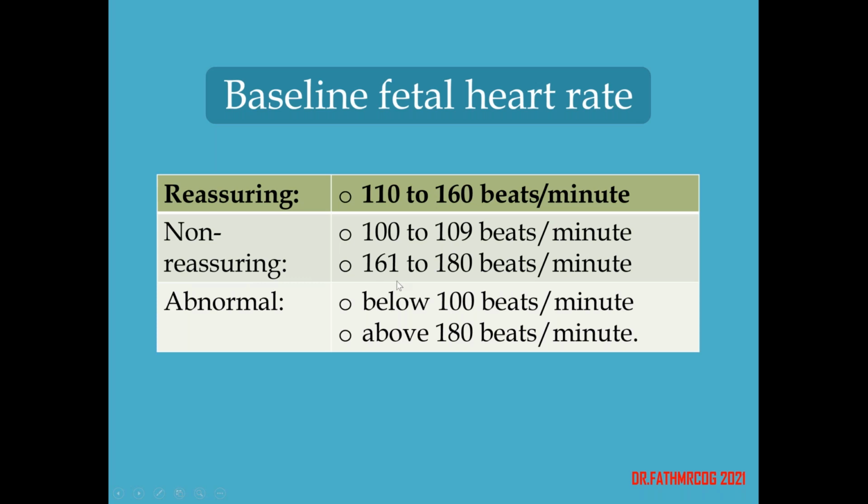It is non-reassuring if it is between 100 and 109 or 161 to 180 beats per minute. It is abnormal if it is below 100 or above 180 beats per minute. This is very important to know: is it reassuring, non-reassuring, or abnormal?